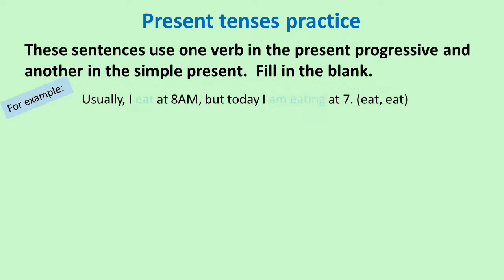And the answer is, usually I eat at 8 a.m., but today I am eating at 7. Because the word usually signals that we should use eat, the simple present. But today, meaning right now, today, I am eating at 7.